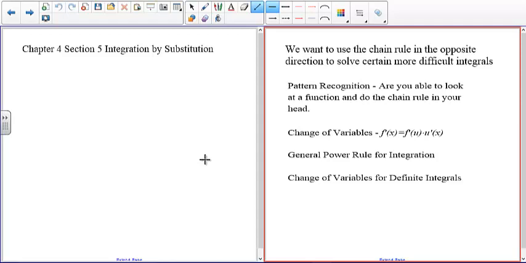So in the case of this u substitution, or integration by substitution, we're going to have to identify some part as being u, and we're going to have to identify some part as being du. I don't really use the general power law for integration because it's just a special case of this whole u substitution. Okay, so those are the things we're going to cover here.